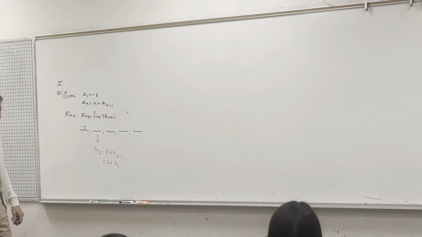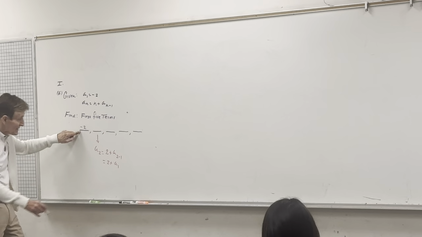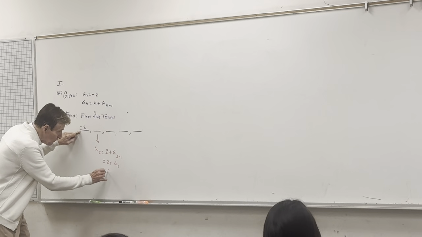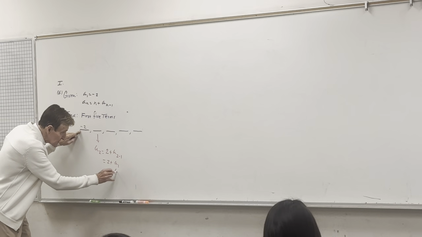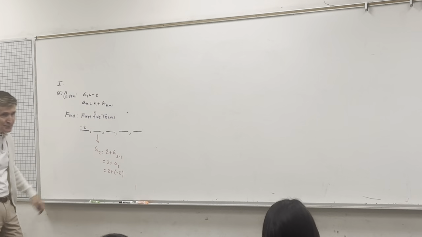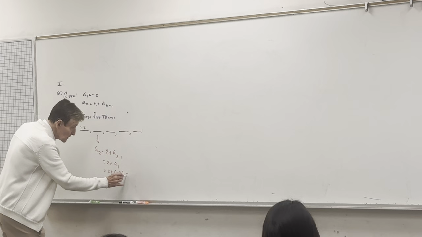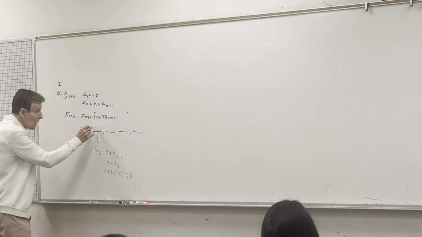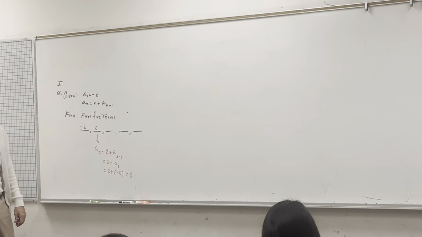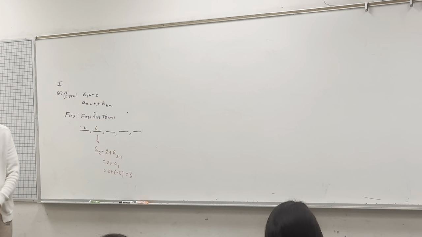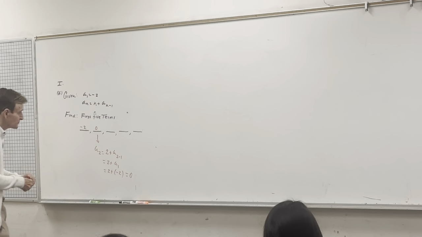And thank goodness they gave me A subscript 1. A subscript 1 was given to me as -2, so this says 2 plus, I'll put it in parentheses, -2. And finally add those up, I think the next term looks like this: 0. Now, third term.